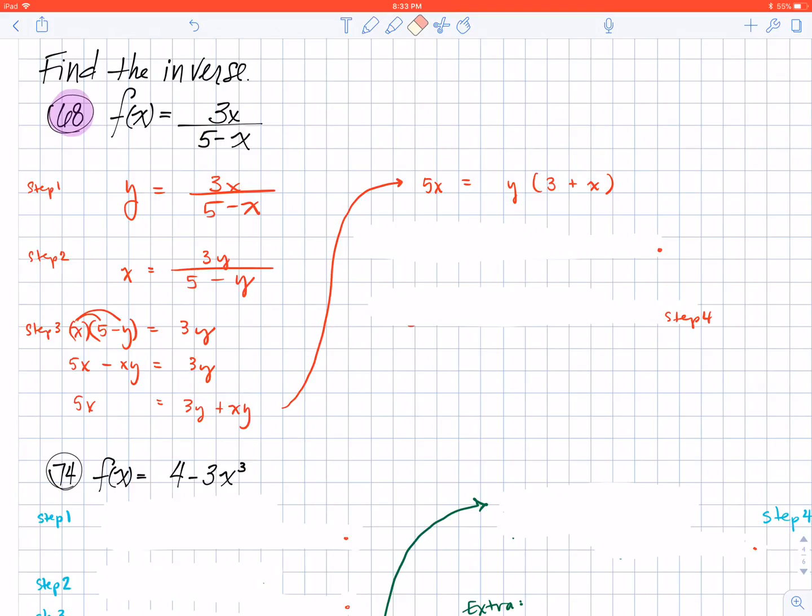So the next thing I'm going to do is divide on both sides by 3 plus x. Now that y is by itself, I can finally go to step number 4. And step number 4 said take that y out and replace it with f inverse of x. So that's going through your 4 steps.